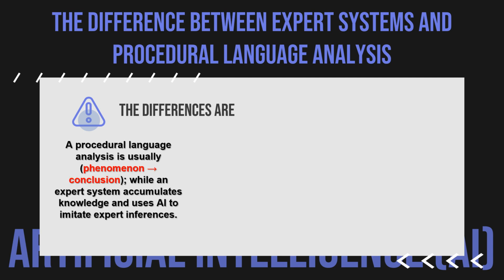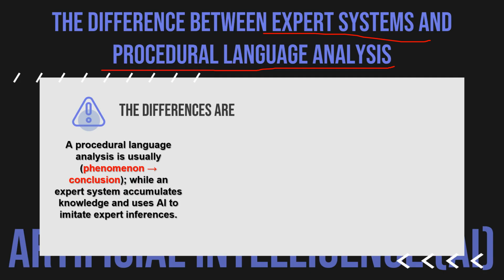The differences are, a procedural language analysis usually goes from phenomenon to a conclusion, while an expert system accumulates knowledge and uses AI to imitate expert inferences. The differences between the expert system and the procedural language analysis: actually it's an expert system with AI, they call it generative AI.